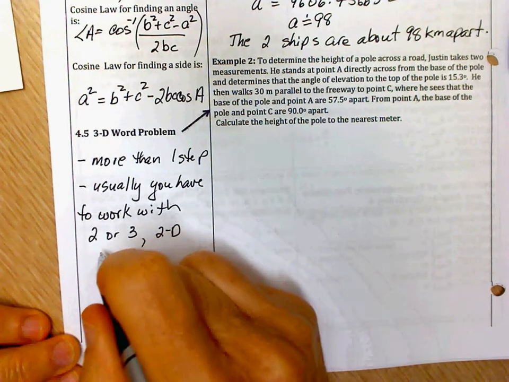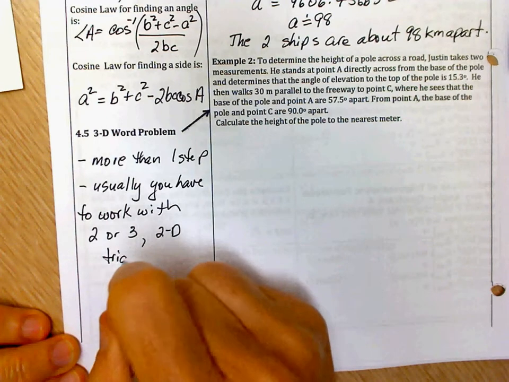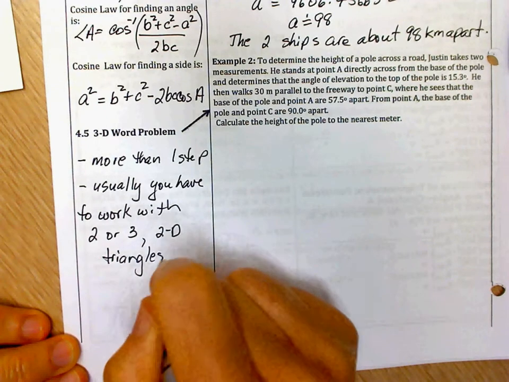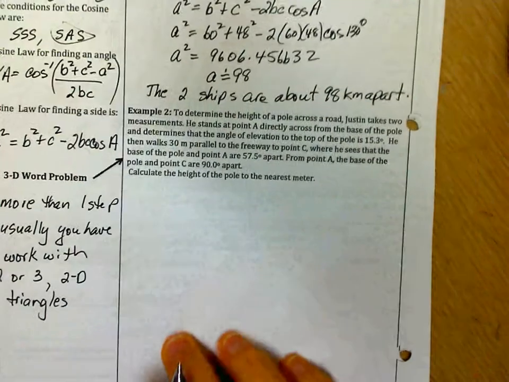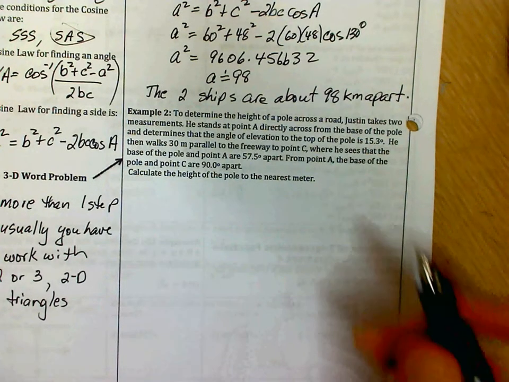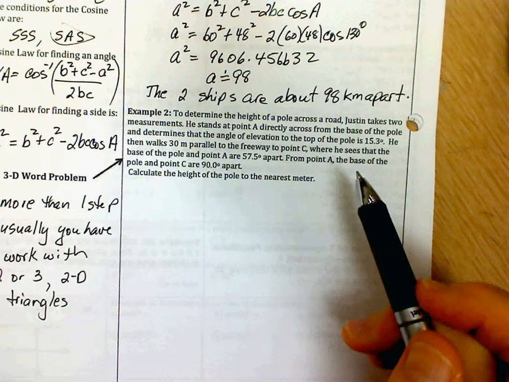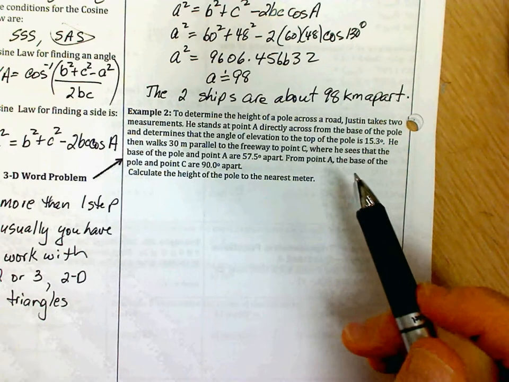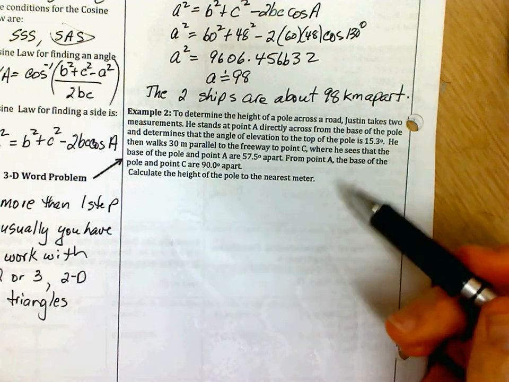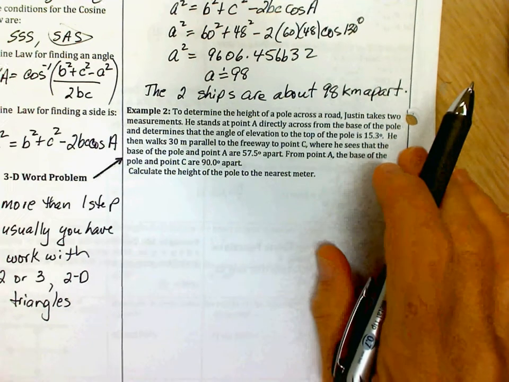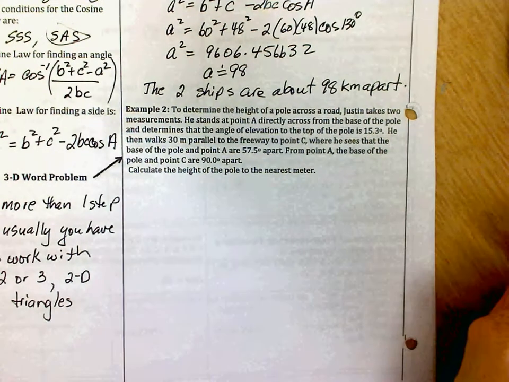So that's all it is, really. Okay? The difficult part in three-dimensional problems is interpreting the question. How do we interpret it and draw our diagram and try to make sense out of it? Well, let's take a look. Let's do this as best as we can.